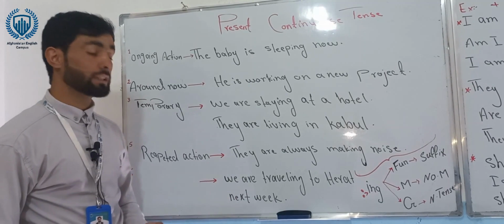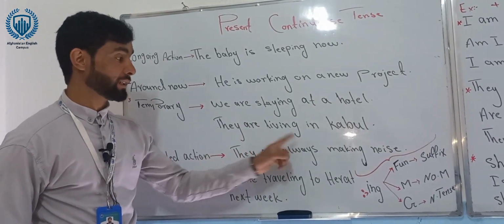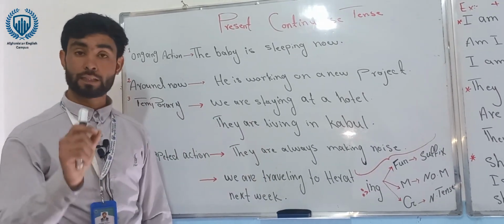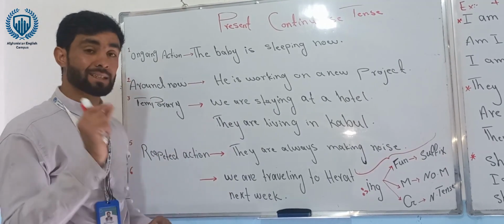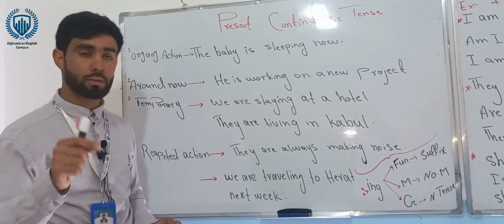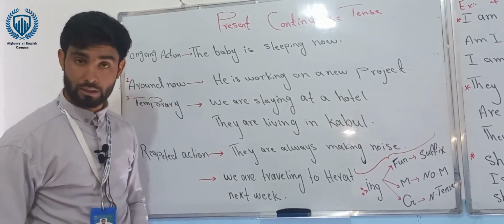They are living in Kabul. Remember, we can say this sentence, they live in Kabul, they are living in Kabul. If you say they are living in Kabul, it shows a temporary action. It means their house is not in Kabul, they are living in Kabul for a week, 2 weeks, then they might leave, they might go somewhere else.